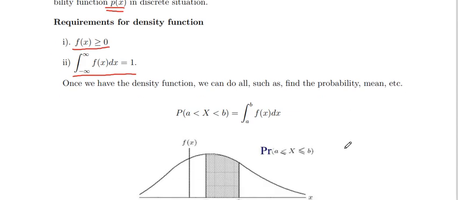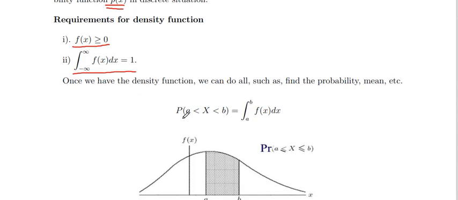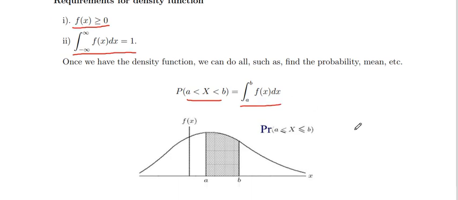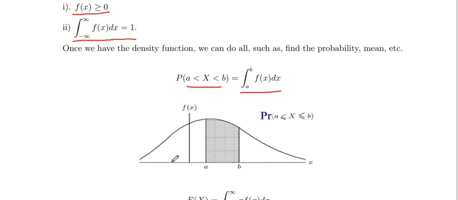Now to find the probability that this random variable x is between a and b, it just becomes this integration, right? So x between a and b is the area for this part. The total area is 1, so this area becomes the probability, or percentage.